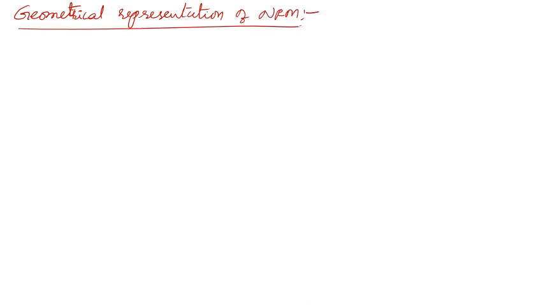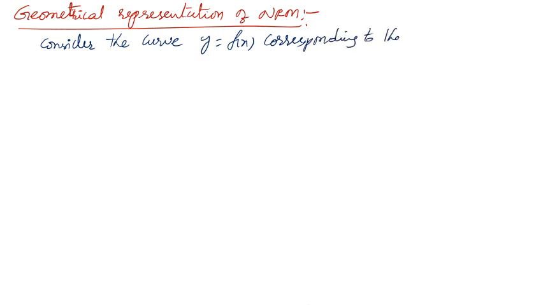Now see the geometrical interpretation, the geometrical representation of the Newton Raphson method. What is the thing here? Consider the curve y equal to f of x corresponding to the equation f of x equal to 0.